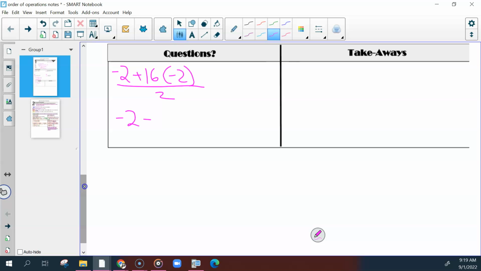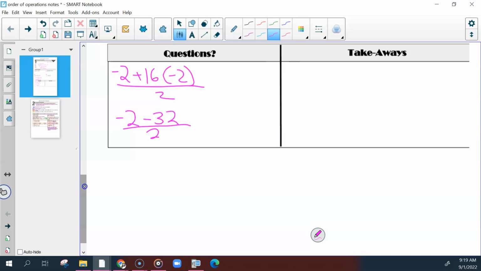So because that isn't negative, I'm going to change this plus to a minus. Instead of doing a plus minus, I'm just going to put minus. Now, order of operations tells us to divide before adding and subtracting, but I need to get rid of my numerator before I can divide.